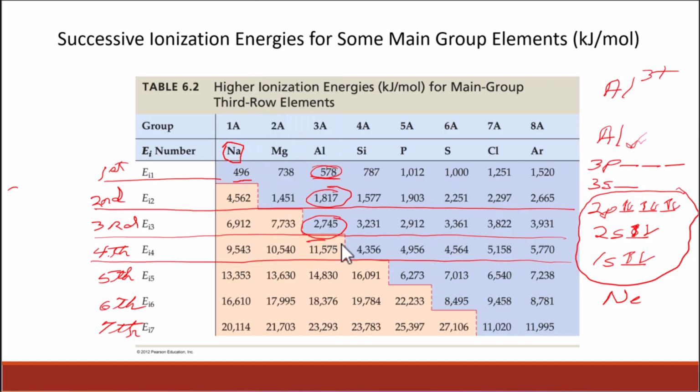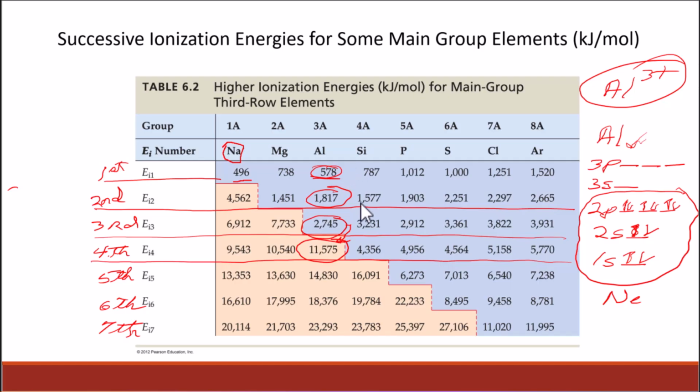It would take me 11,575 kilojoules per mole of aluminum. That would be a huge amount of energy. Look at the massive jump in energy required to remove an additional electron from aluminum. That's because aluminum 3 plus has neon's electron configuration, which is incredibly stable.